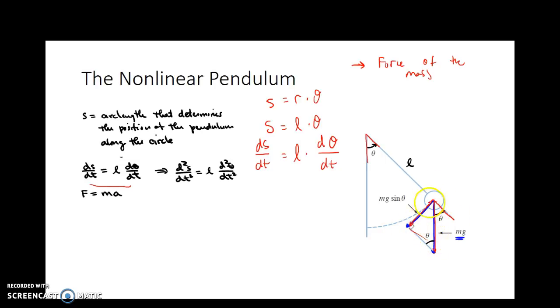There's the right angle. So if we take sine of theta, that's going to equal this side over this side. And to solve for this side, we would multiply by mg, and so we would get mg sine of theta, which is the magnitude of that force right there.